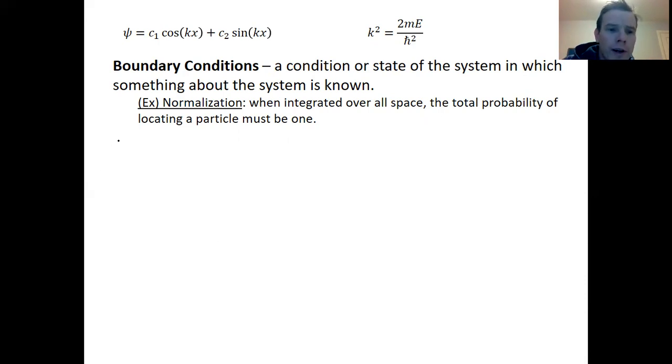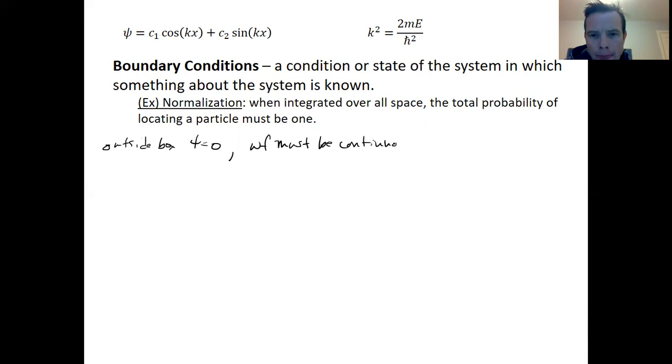In this problem, we know a couple things. We know outside the box, psi is equal to 0. We also know from our wave functions that the wave function must be continuous. And that imparts two important criteria.